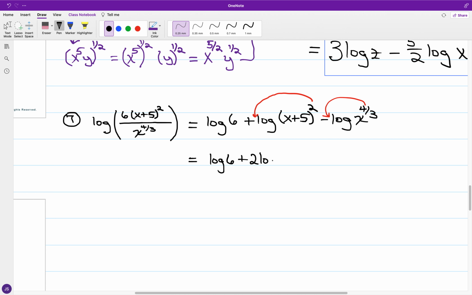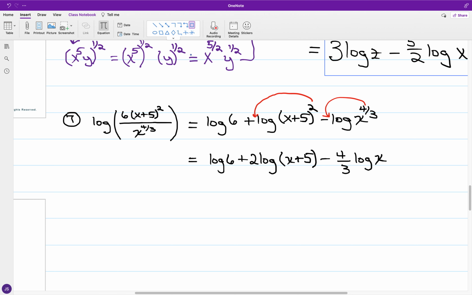So we have 2 times the base 10 logarithm of the quantity x plus 5. And at the end, we're going to have minus 4/3 of the base 10 logarithm of x. So that'll be the final expanded form for what we have in number 7.